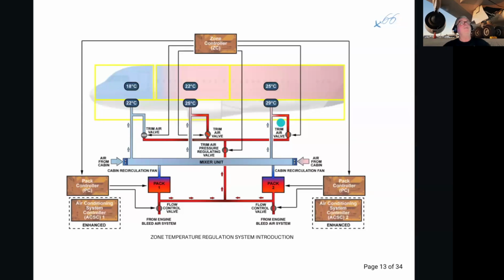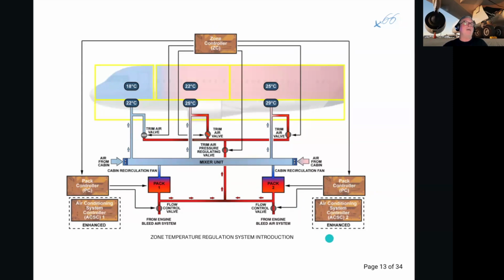So after a certain MSN, master serial number, the manufacturer's serial number, Airbus decided, oh, we're going to get rid of this zone controller. And this zone controller, by the way, has 2 channels. We're going to put 1 channel in this pack controller and 1 channel in this pack controller.